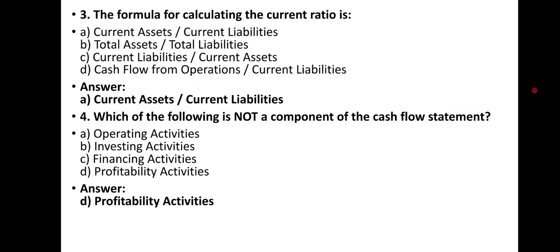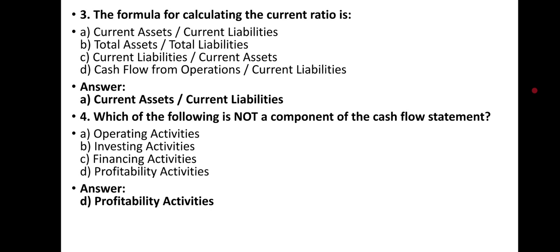funds within a company. Next question: the formula for calculating the current ratio is current assets divided by current liabilities. Which of the following is not a component of the cash flow statement?